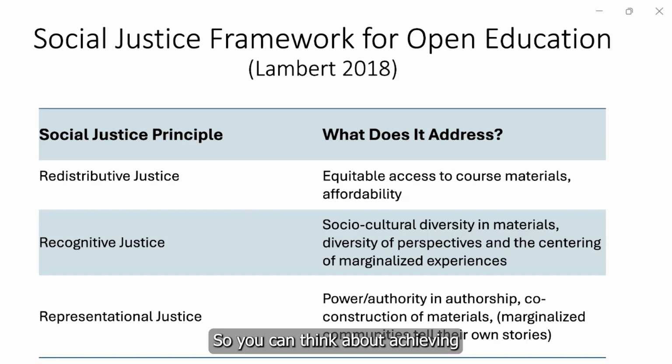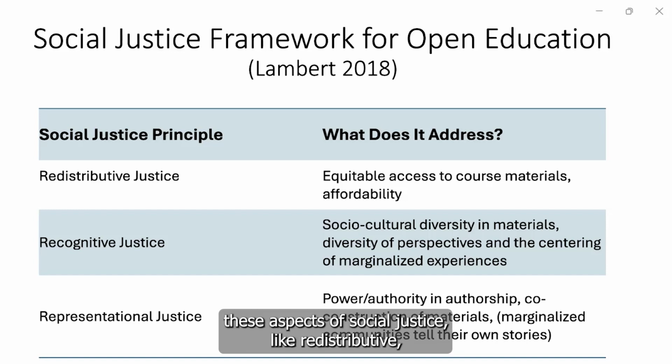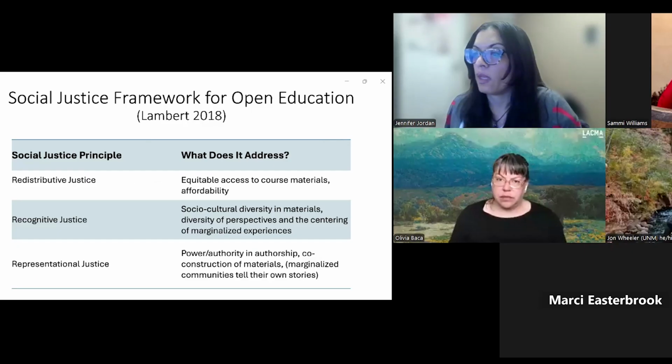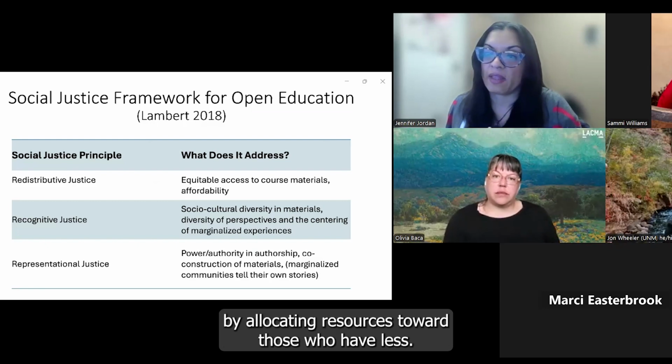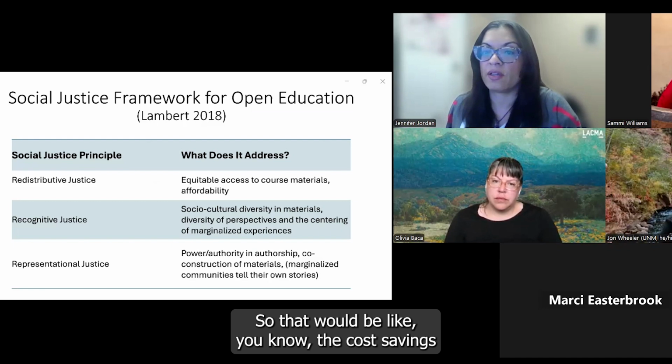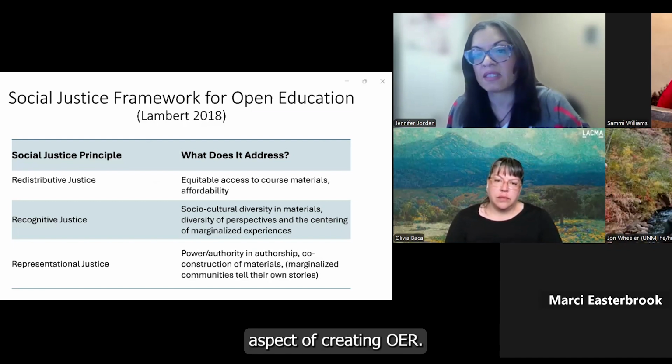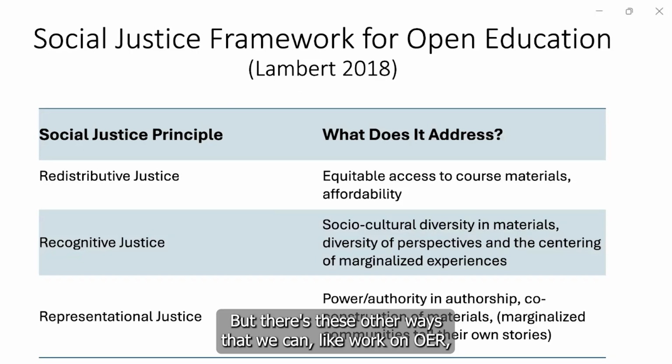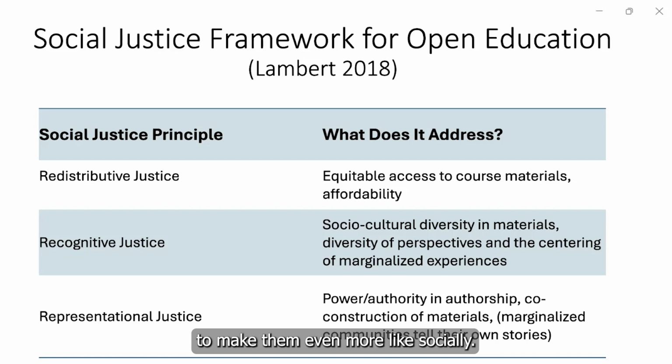So you can think about achieving these aspects of social justice. Redistributive justice can be achieved by allocating resources toward those who have less. So that would be the cost savings aspect of creating OER. But there are other ways that we can work on OER to make them even more socially just.